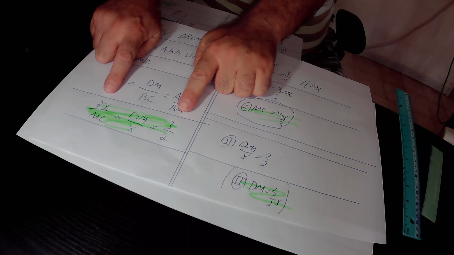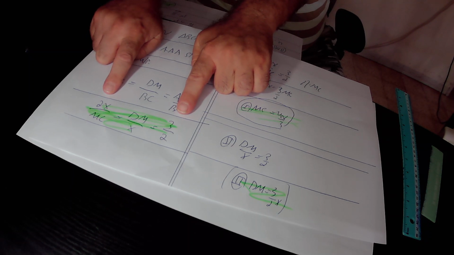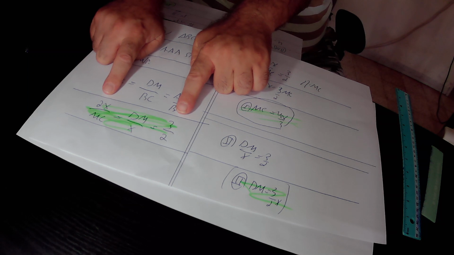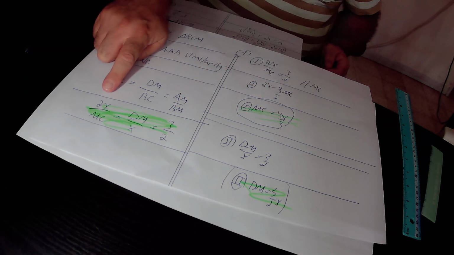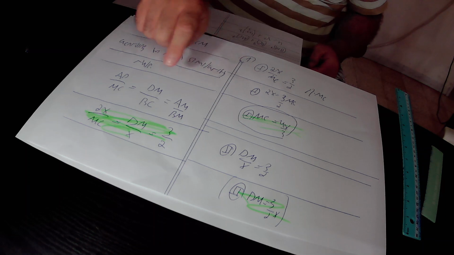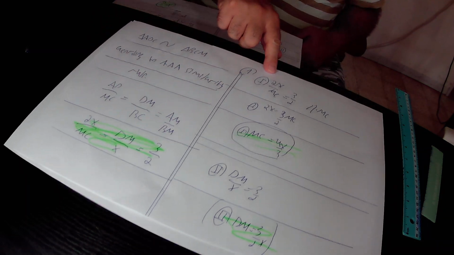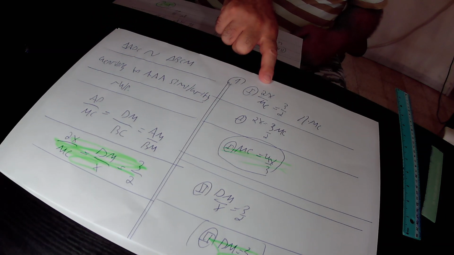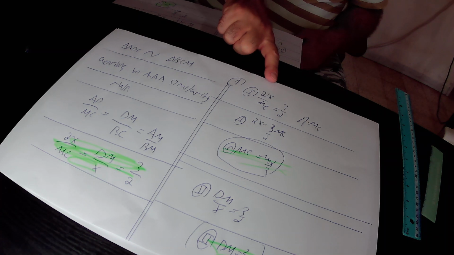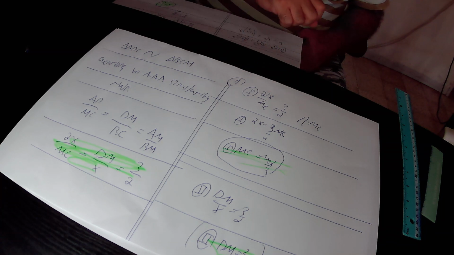Those two expressions are equal to each other, therefore we get equation 1. According to equation 1, 2x over MC equals 3 halves. If you multiply this equation by MC, we find that 2x equals 3 halves times MC.